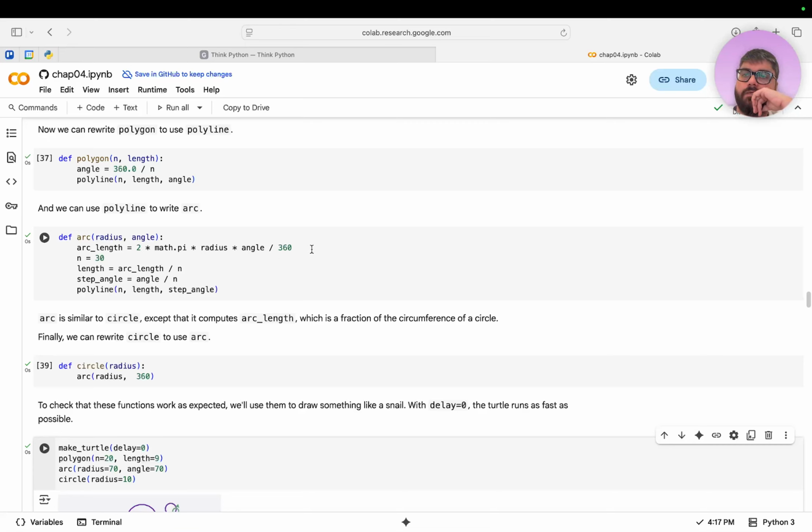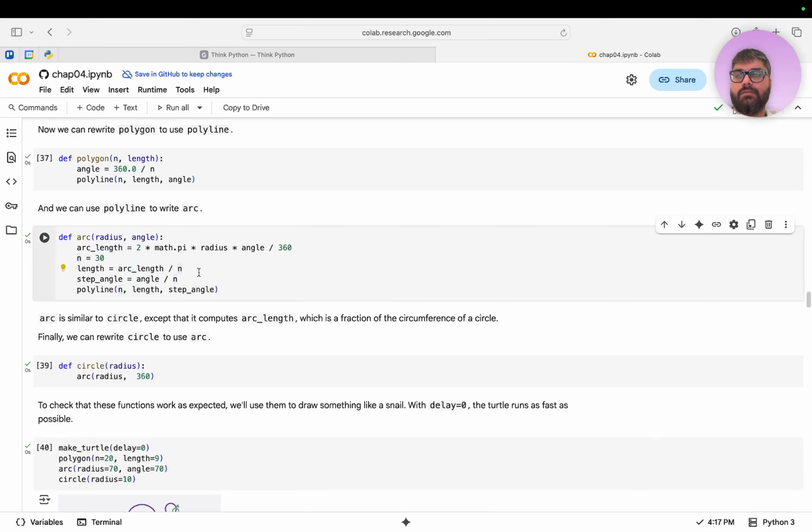Length equals arc length divided by n, step angle equals angle divided by n.